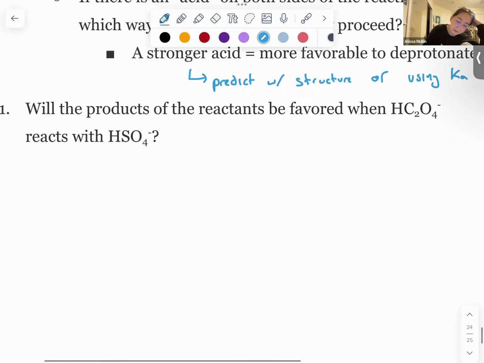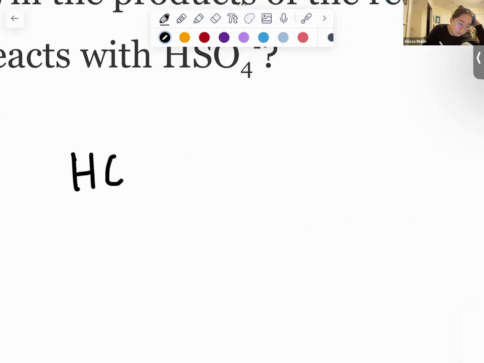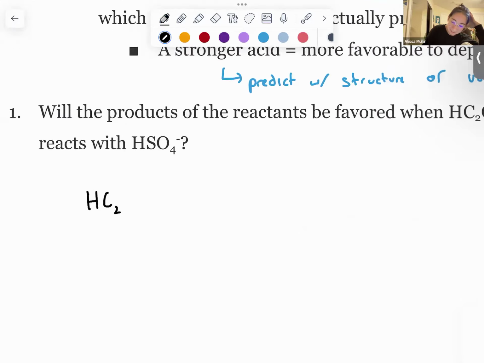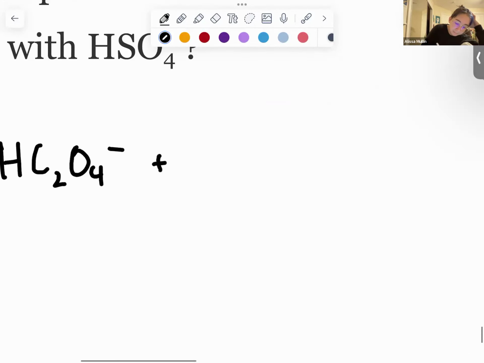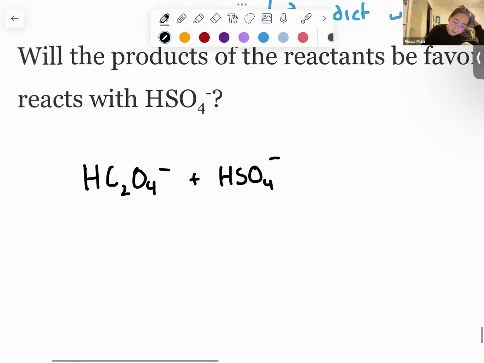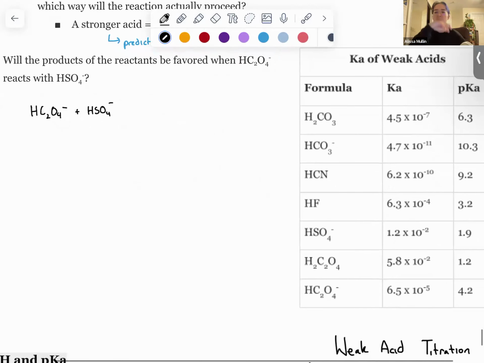Okay, so here we have a scenario. We are mixing together oxalic acid, I'm pretty sure it's called, that guy, with our first deprotonated sulfuric acid. So we're given a big table of Kas, so I'm just going to look at that first. When these two come together on this side of the reaction, with these two reactants, which one is going to act like our acid?